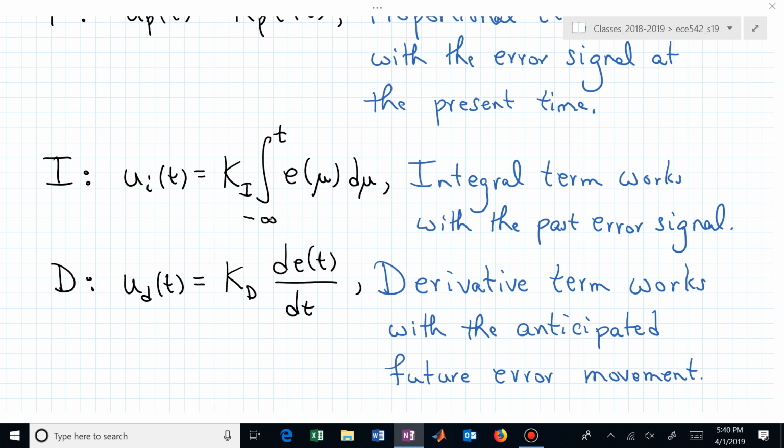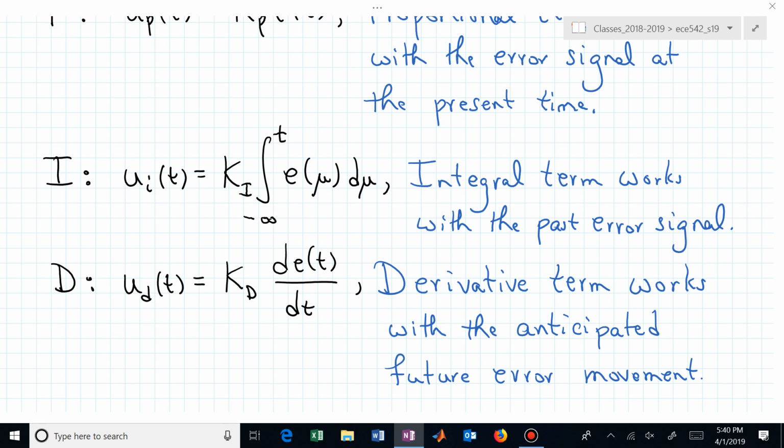And then you scale that integrated error, and that now makes up your integral error piece. And what happens in that integral? Well, the current time is the upper limit on that integral, which means that you're using all previous error signals to influence this integral error term.